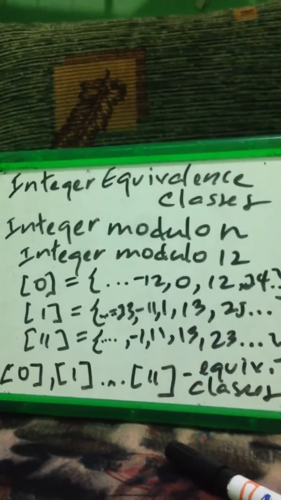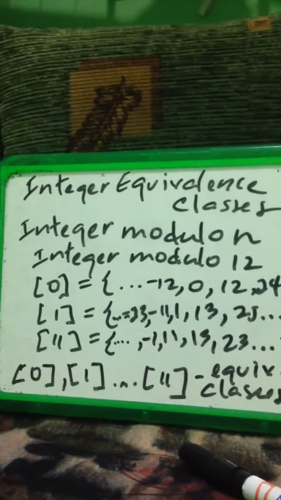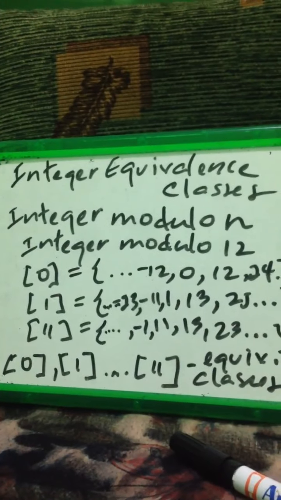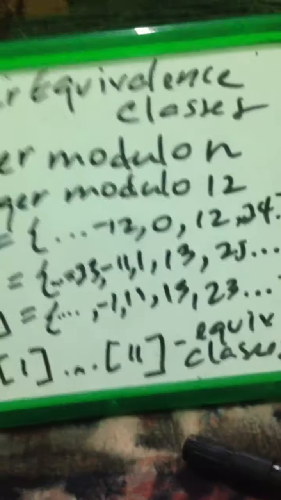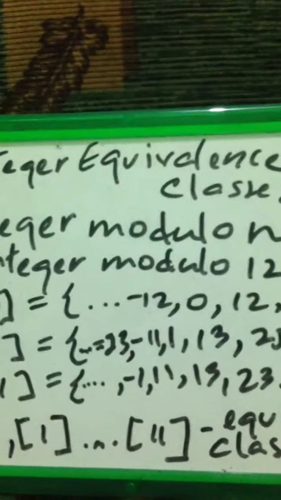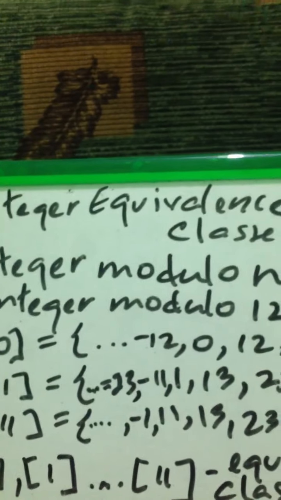Then the equivalence class 11 means you start from number 11 and add 12. Of course, there's an error here. It should be that you start from 11, then 23.